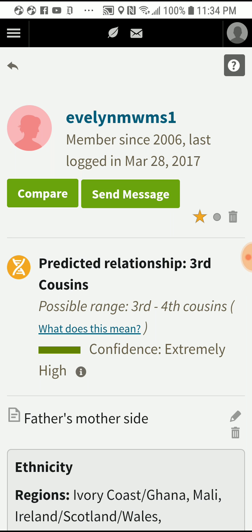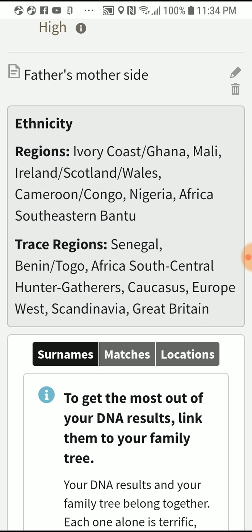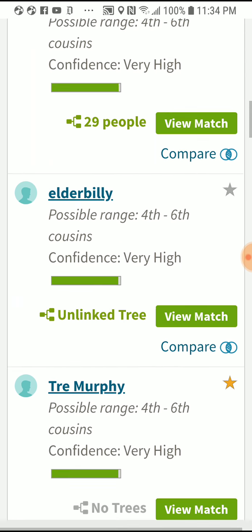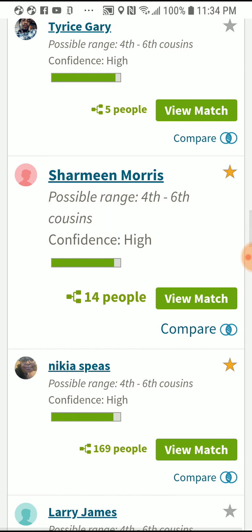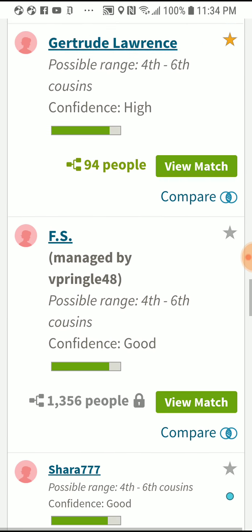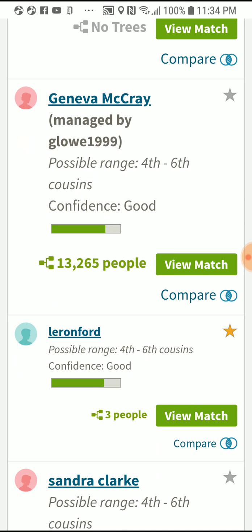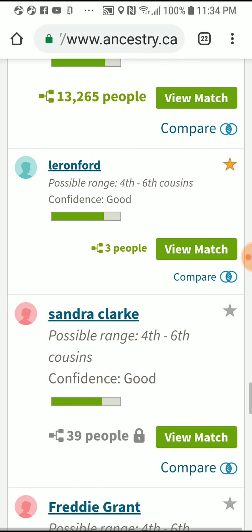With that said, I know that all the individuals that we have in common, for the most part, are related to me by way of my father's mother's side. Either on her mother's side, my great grandmother's side, or my great grandfather's side.